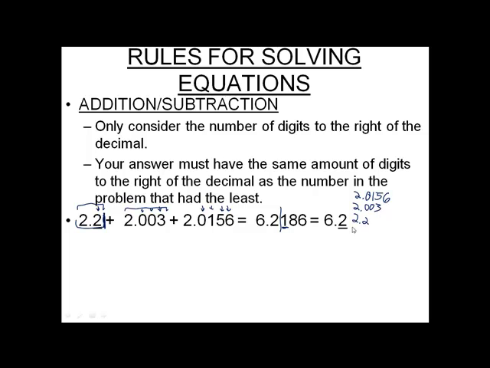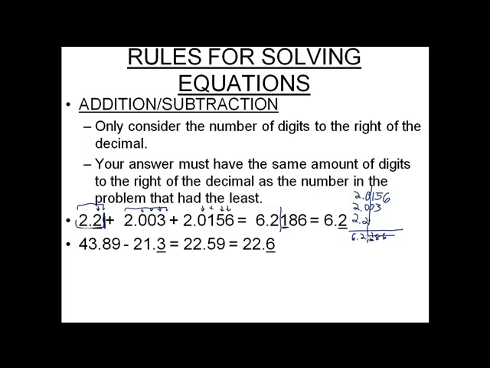This way, it's very easy for us to see which is the least precise number. We can just draw this line on the outside of the 2.2. So now when we add all this up, 6.2186, now we know where to round. We can round that off. Again, if the number to the right of the 2 is a 5 or greater, we would round it up to 6.3.